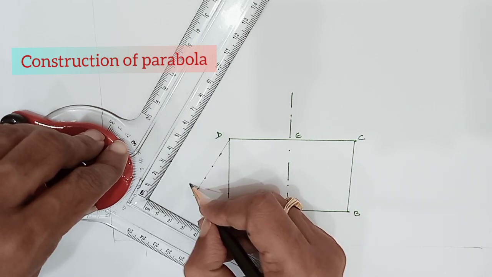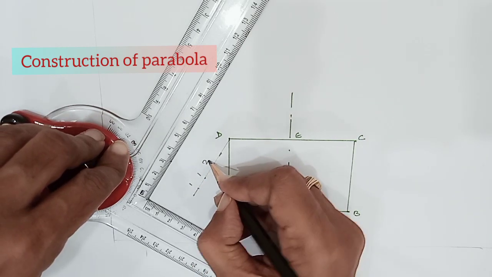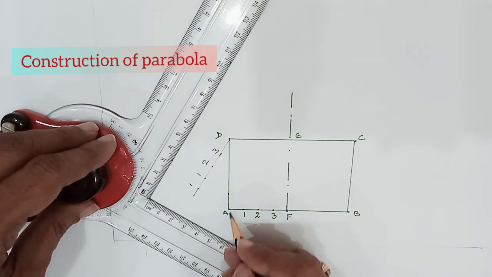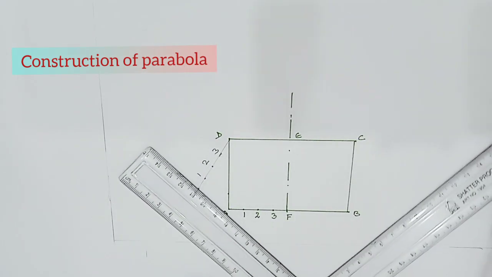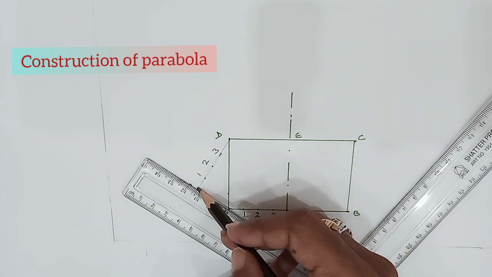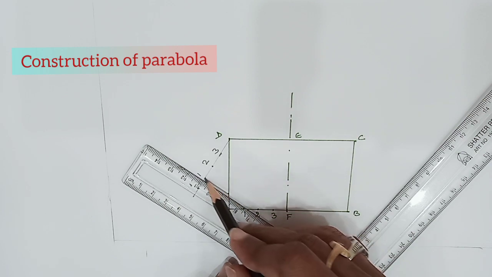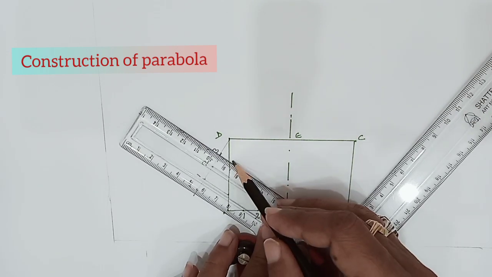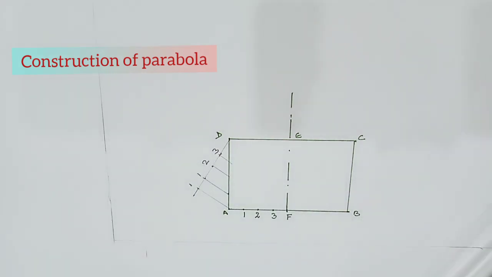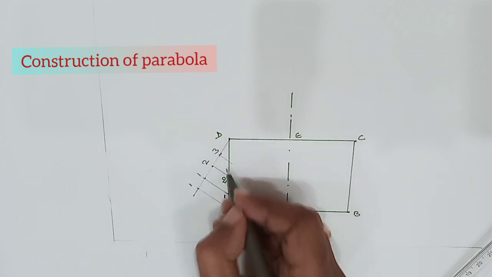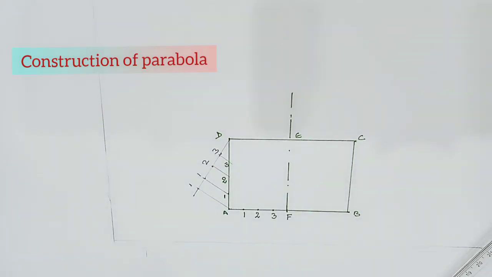Say 1, 2, 3. Join the starting point to A. Say 1, 2, 3.